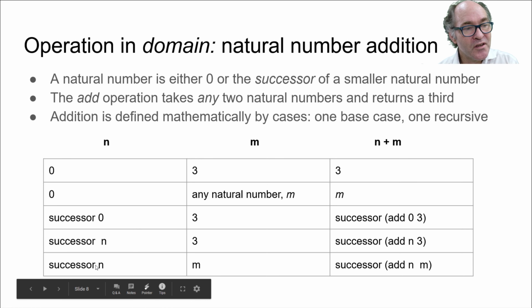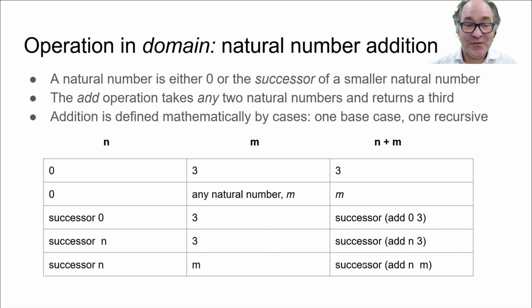If I'm adding the successor of n, look at the last row in the chart, and any m, the answer is, well, it's one more than the sum of n and m. And adding n and m is easier than adding n plus 1 and m. I add n and m, get a result, and then just take the successor of that, and that's going to give me the right answer.